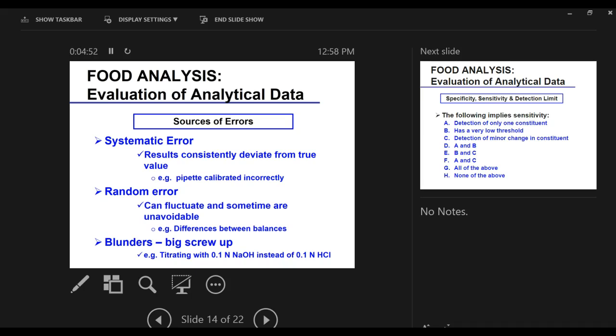The next day you come, you take it out, and then you weigh it again to determine the difference in weight, so that the difference would be moisture. If you use one particular balance on one day, and you come the next day and you use a different balance, you are incorporating an error coming from utilizing different balances with their own different errors, experimental error.